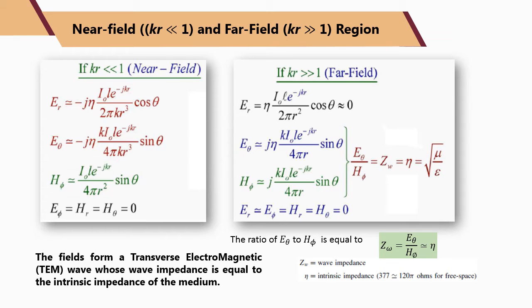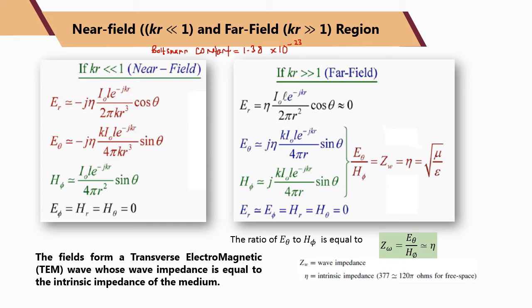So for kr less than 1, it is in the near field region. k is the wave number, and r is the distance from the source to the point of observation.